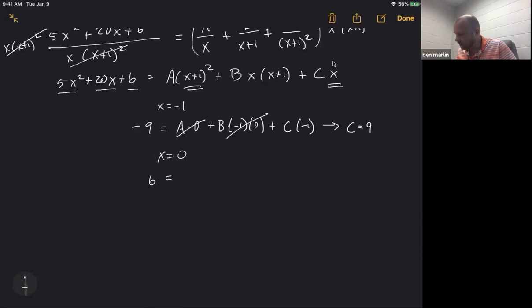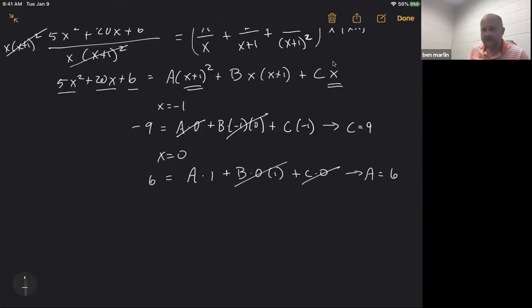And then the right-hand side, you've got A times 1 squared, but that's just 1, plus B times 0 times 1, and plus C times 0. So those terms fall out, and we know that A has to be equal to 6. Okay?